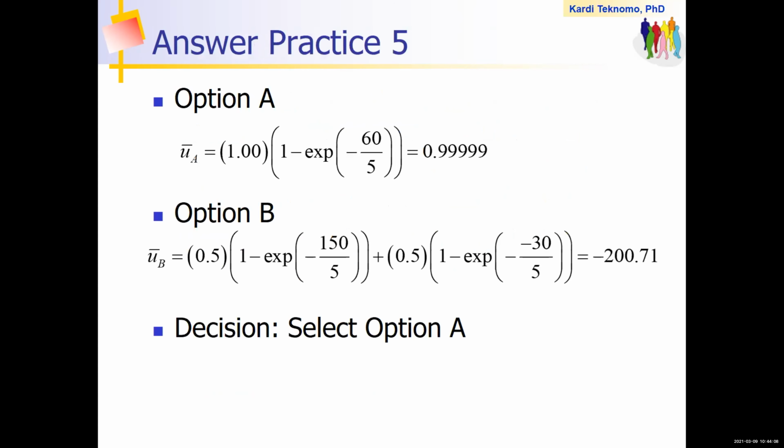So this one is the one that you use. For example, you use the exponential utility function, then you will get this value. Of course, one is positive, 0.999, the other one is negative 200, then you will select option A.